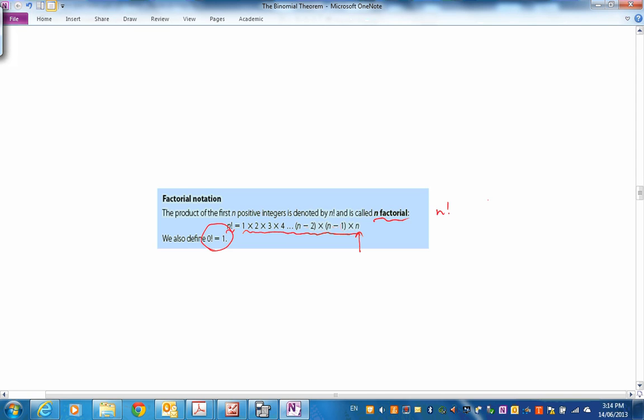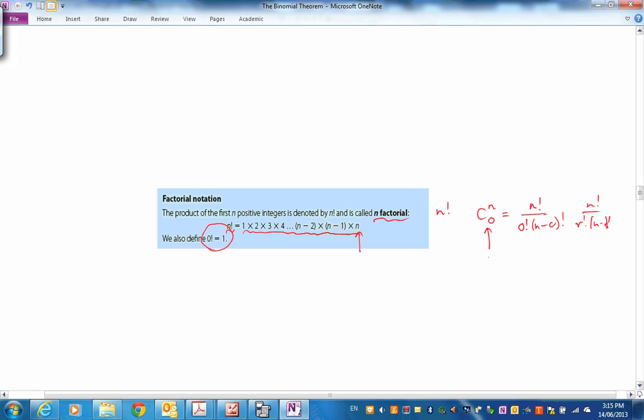Let's say we've got nC0, and we said that was n factorial over 0 factorial times (n take 0) factorial, using the formula here for the general nCr. Now nC0 means in how many ways can you choose no items from n?